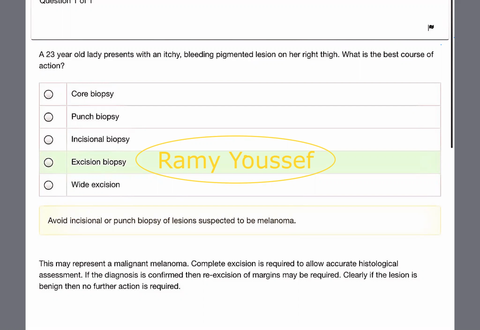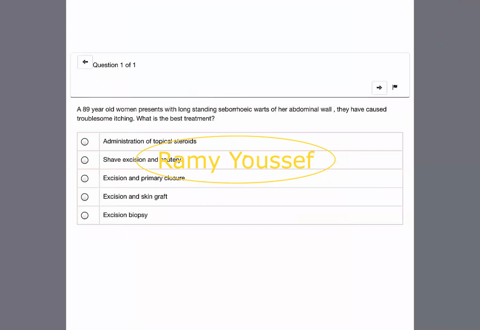He will tell you pigmented malignant cells, and the treatment is excisional biopsy with a safety margin. I think this is the last question.